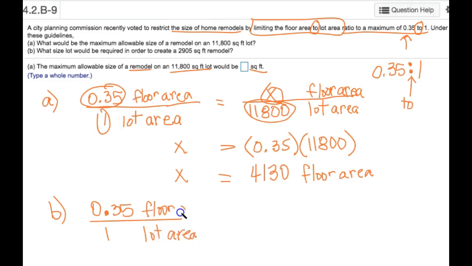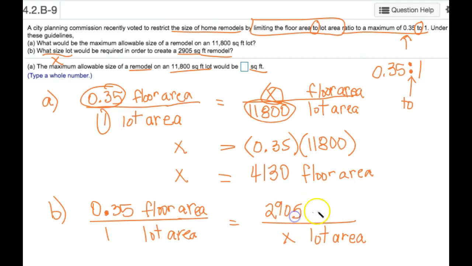In part B it says what size lot, so right there, that's our x. Because the denominator is associated with our lot area, we're going to put x down in our denominator for the lot area. And then the 2,905 square feet, that's our remodel size, which would be the floor area of the home or structure that's going to be on that lot.